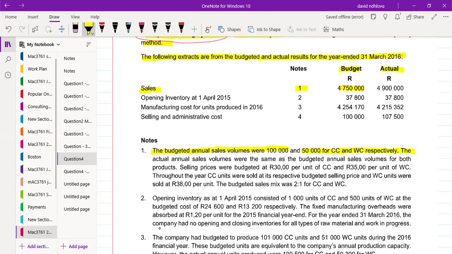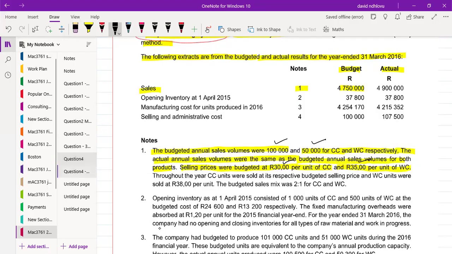Then the actual annual sales volume were the same as the budgeted annual sales volume for both products. Selling prices were budgeted at 30 per unit for the CC and 35 per unit for the WC. So we have been given the budgeted sales quantities and the budgeted sales price.